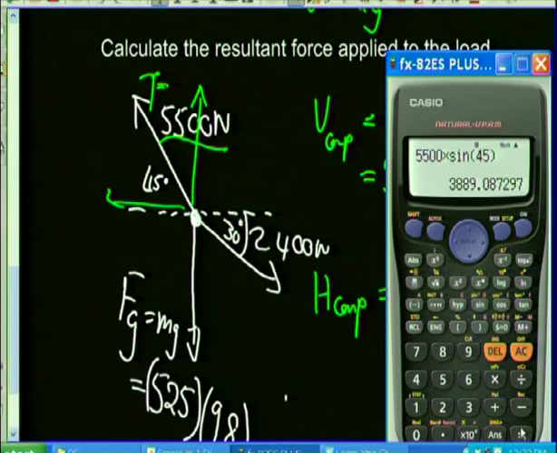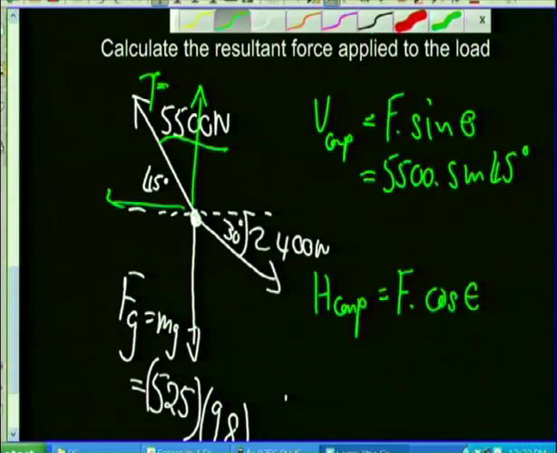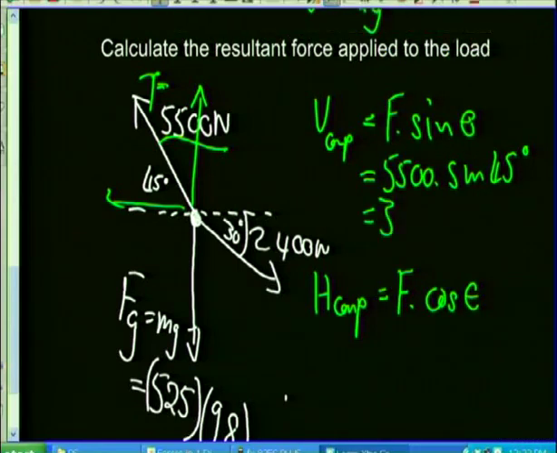We can round it off to .09. That would be correct to 2 decimal places. 3,889.09 newtons.